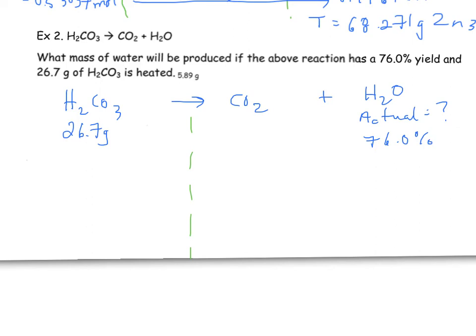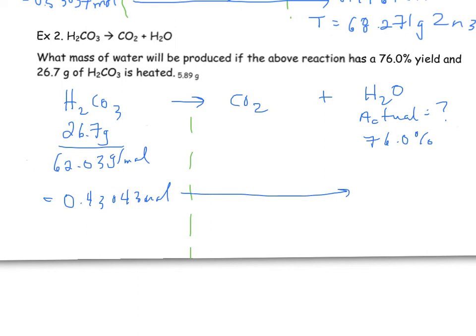I start by determining the theoretical yield for water. I take my 26.7 grams and divide it by the molar mass to change this into moles. I can then do a mole ratio into water.